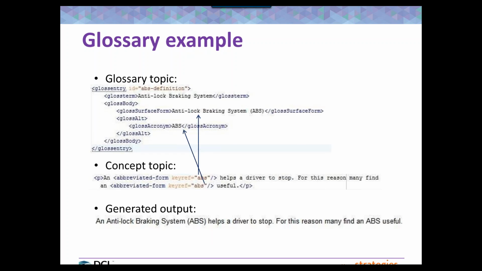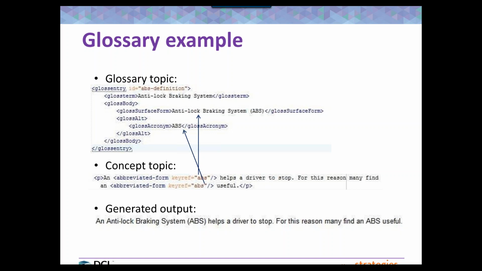So if you have your glossary topic for anti-lock braking systems, you can see that the first instance would be anti-lock braking system, parentheses, ABS, parentheses. And that the first time it appears, I would want it to appear that way. And in the future, I want it to be ABS.